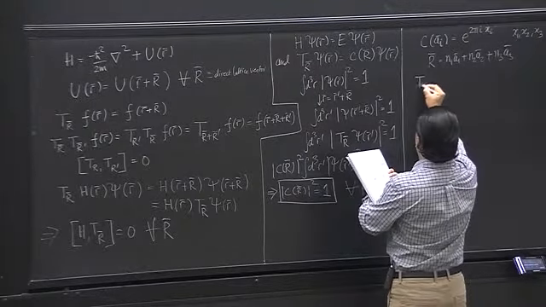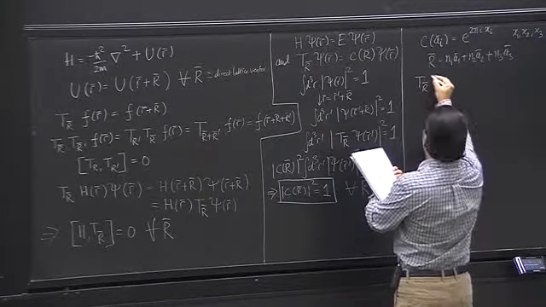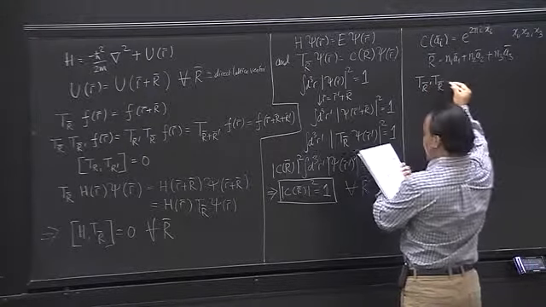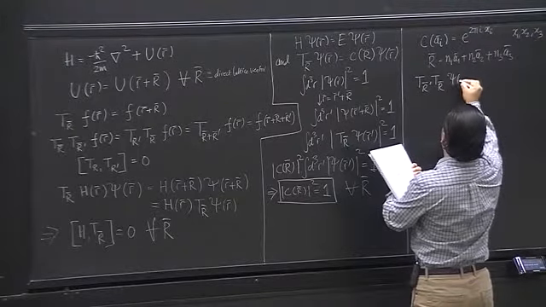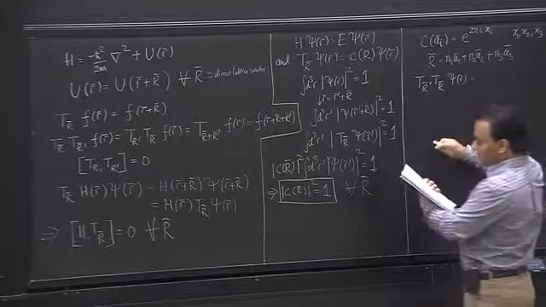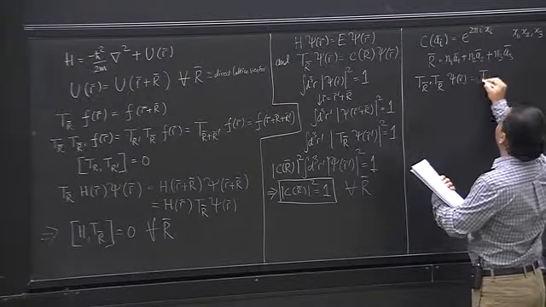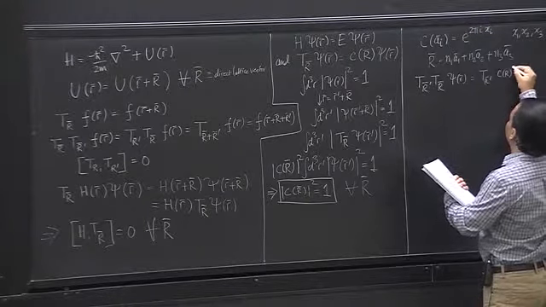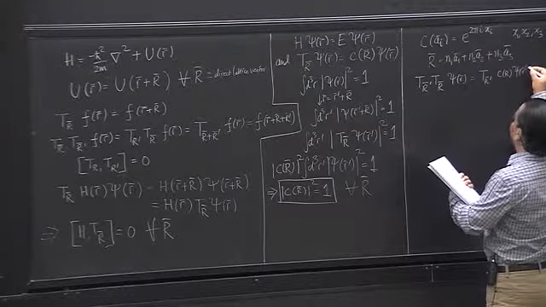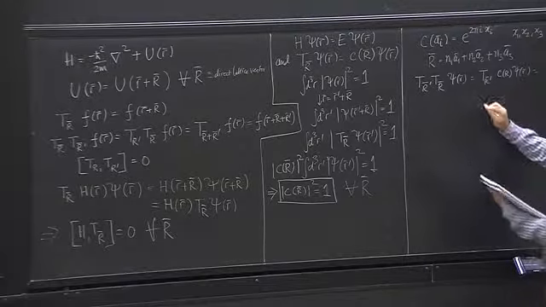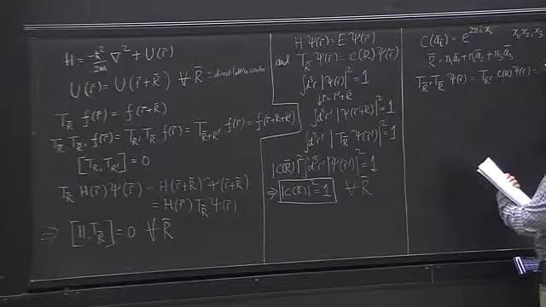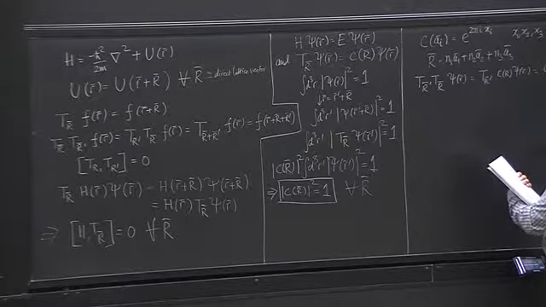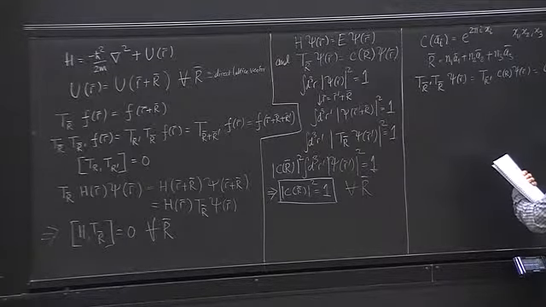Now you can check that T of R prime, T of R acting on psi of r, is the same as T of R prime acting on C of R psi of r, which is the same as C of R multiplied by C of R prime times psi of r.